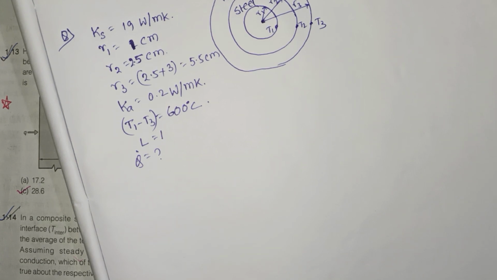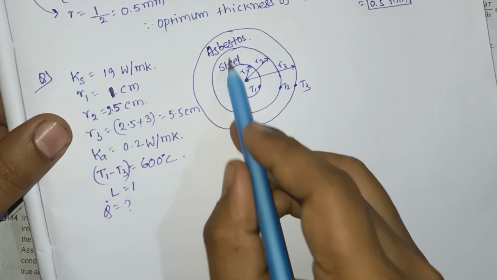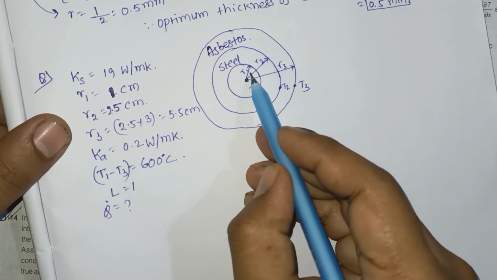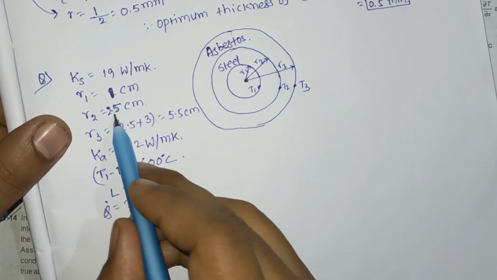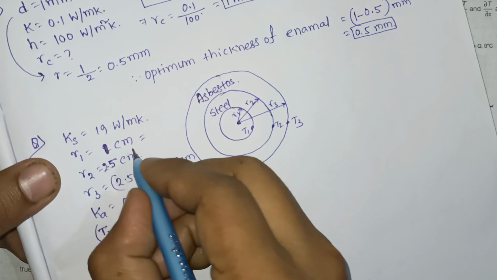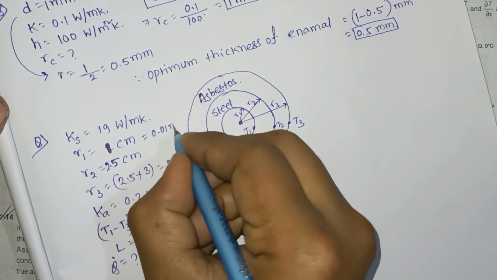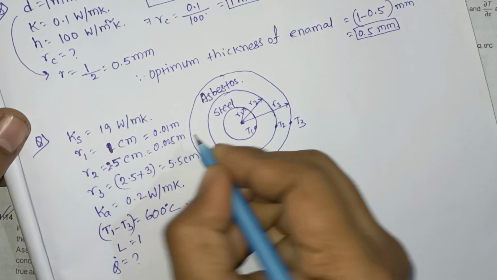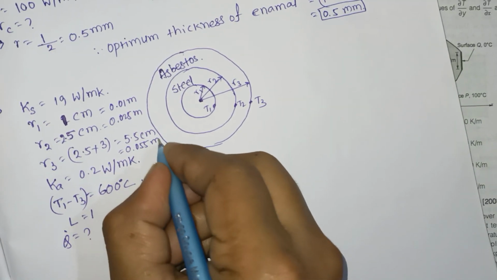What will be the answer? So the answer is here. There is steel and there is asbestos. Okay, the radius of the steel R1 is 1 centimeter, and R2 is 2.5 centimeter. So 1 centimeter means 0.01 meter, 0.025 meter, 0.055 meter.